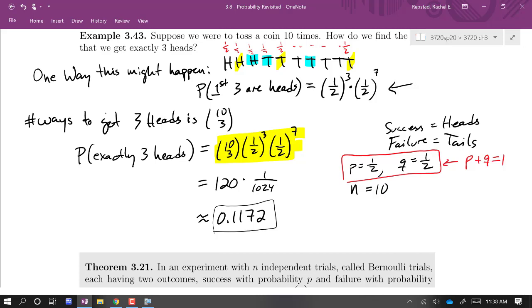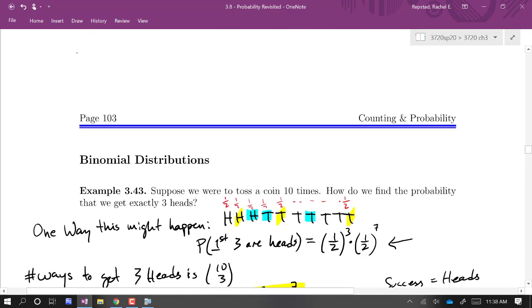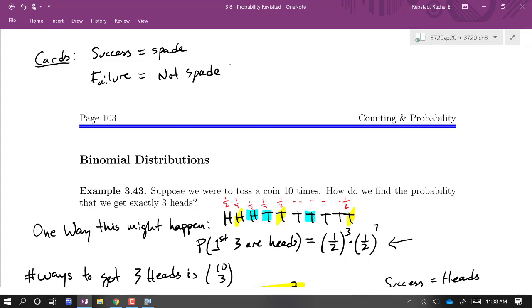But if I think about the scenario where we were drawing cards and I was counting spades, I might count success as getting a spade, and I don't have to think of the other outcomes as this suit or this other suit. I can just say failure is not getting a spade. So you can always partition into 2 classes of outcome to define your success and failure.